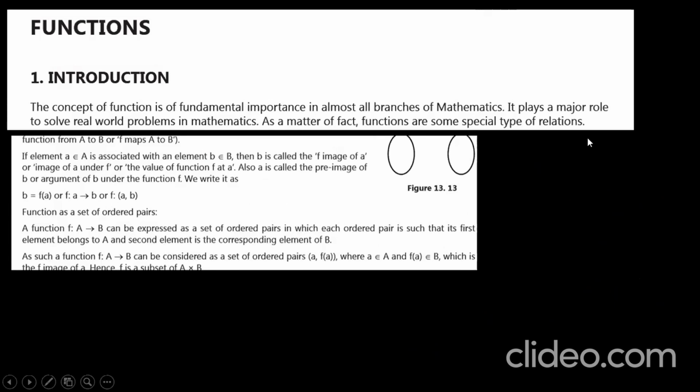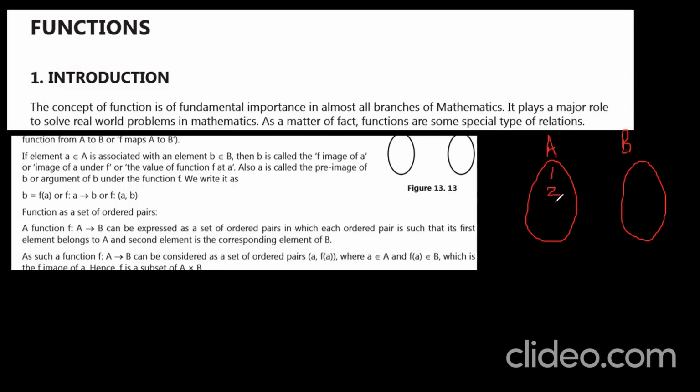Next topic is function. A function F maps. So, what is the difference between relation and function? There is a lot of difference between relation and function. Like what I said before, we observed two sets, A and B. 1, 2, 3.